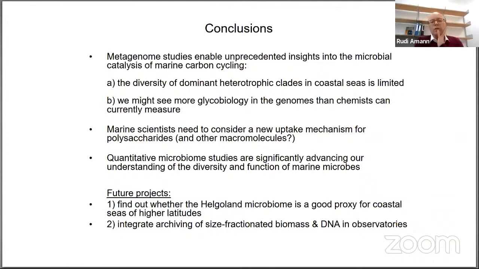We can learn a lot on the diversity, which is interestingly, in the coastal seas, in certain situations limited. There's a long discussion right now whether there are millions or billions of species out there, but in a spring situation at Helgoland, there are certainly only maybe dozens or 100, which is really important.